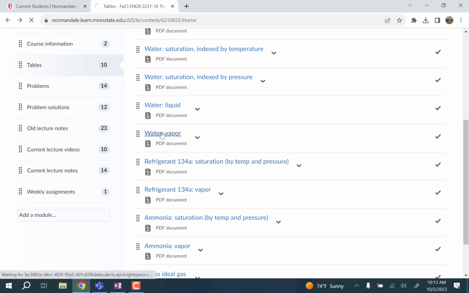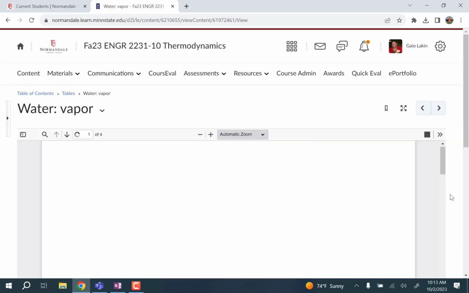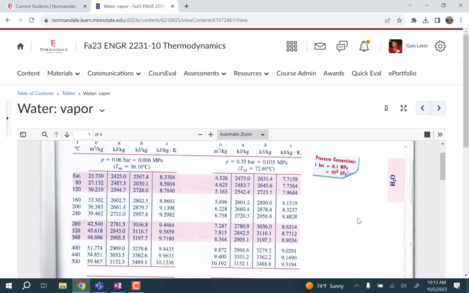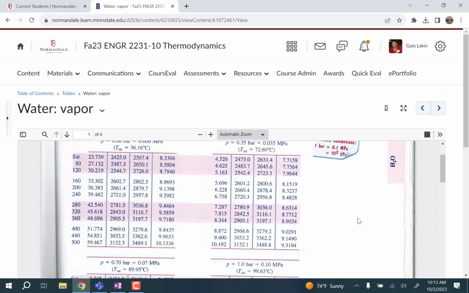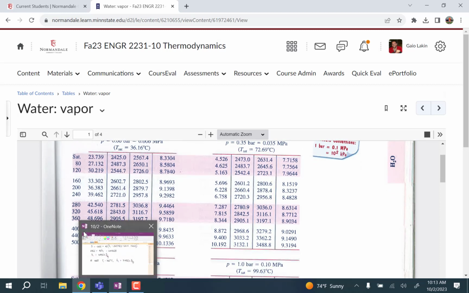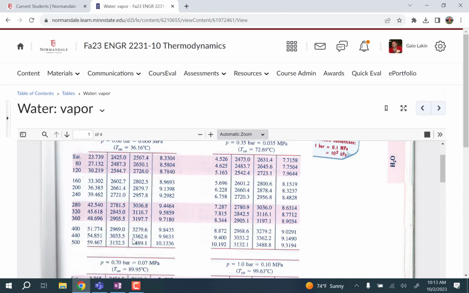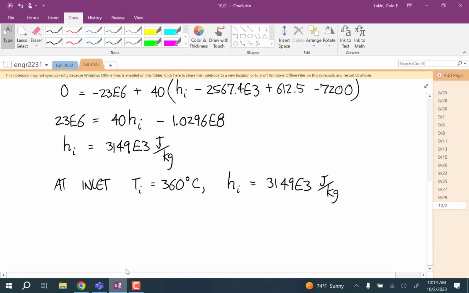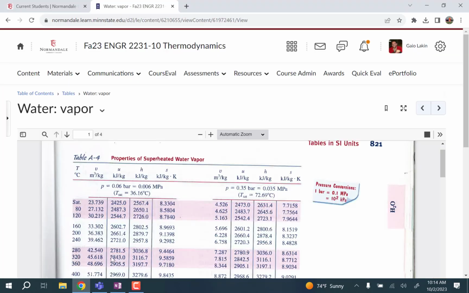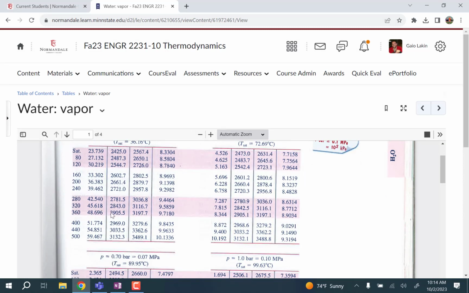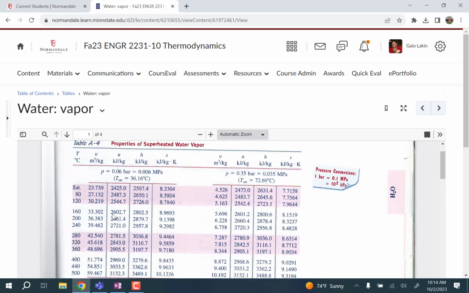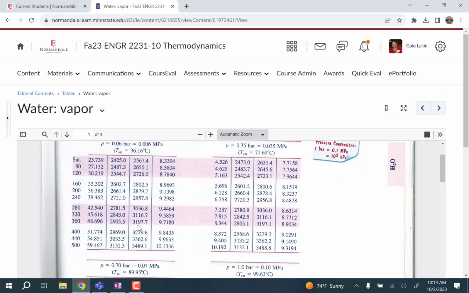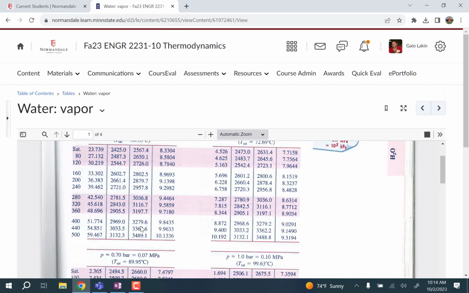We want water vapor, and 360. Okay, so we're looking for a specific enthalpy of 3149 at 360 degrees. 3149, so it's a little less than this.